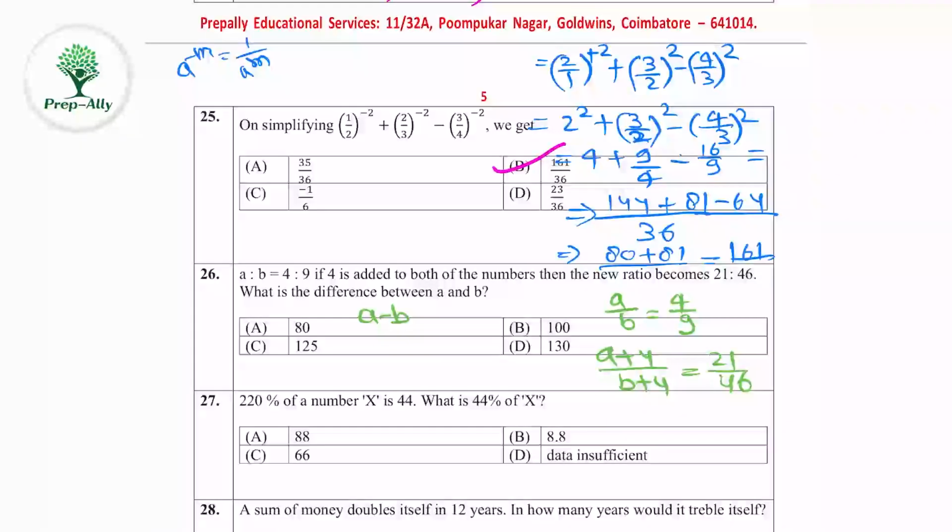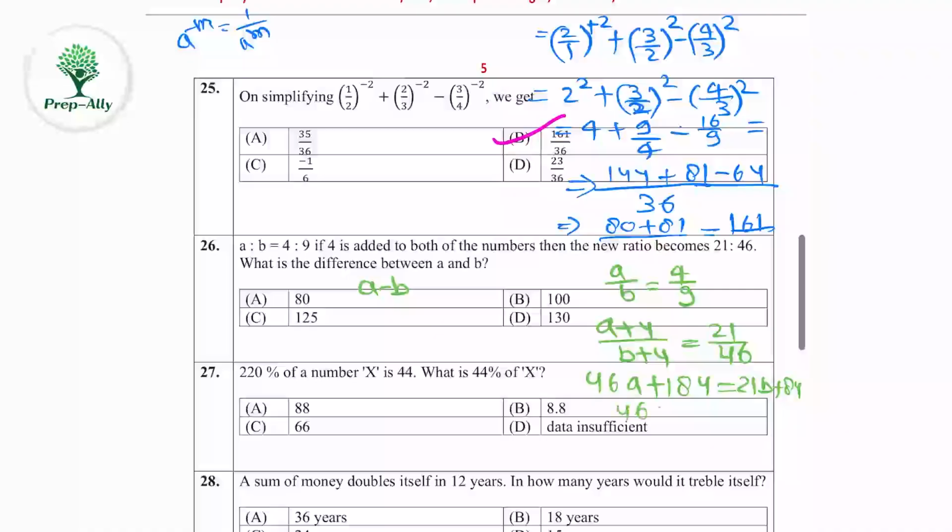So if I cross multiply this, we are getting 46a, 46 into 4, we can write here 4 6s are 24, carry 2, 4 4s are 16, 17, 18. Here we can write 21b plus 84. So we get 46a minus 21b is equal to minus 100. Now what is the value of b here?